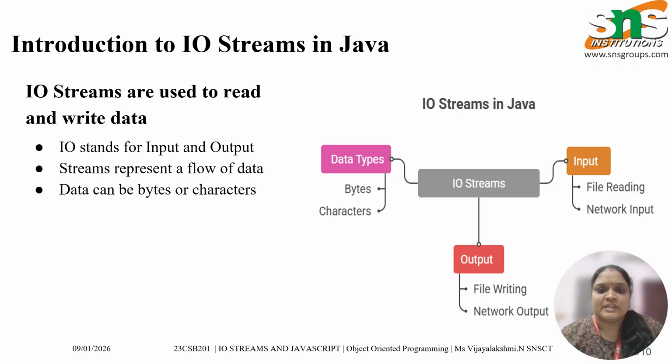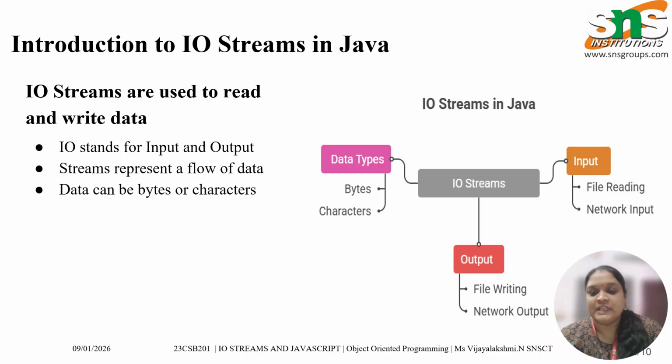The next is IOStreams in Java. IOStreams can be characterized into input and output. We are giving input as bytes or characters. We'll move on to the pipeline of IOStream, and the flow of data will be moved with the help of the stream.